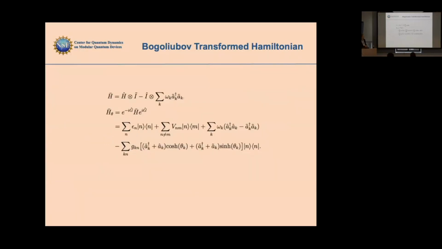And as I mentioned before, we add this term with fictitious variables. And once we have this additional term, we have a closed form for the Hamiltonian that is very easy to implement numerically.